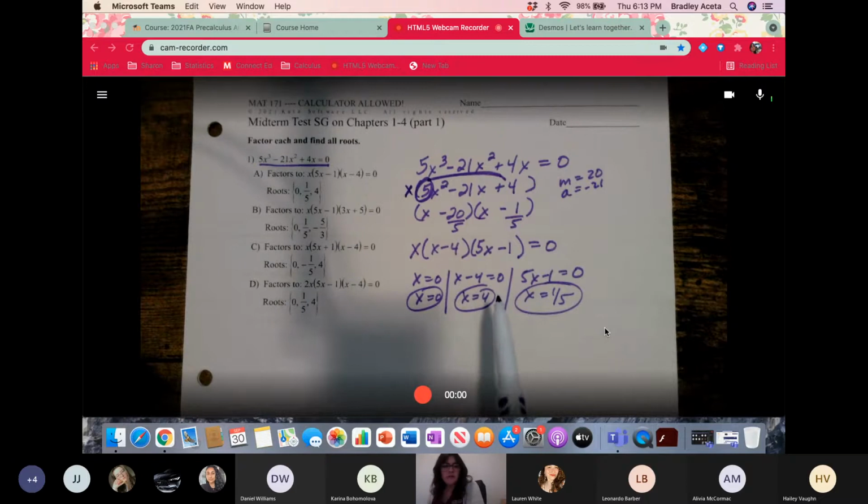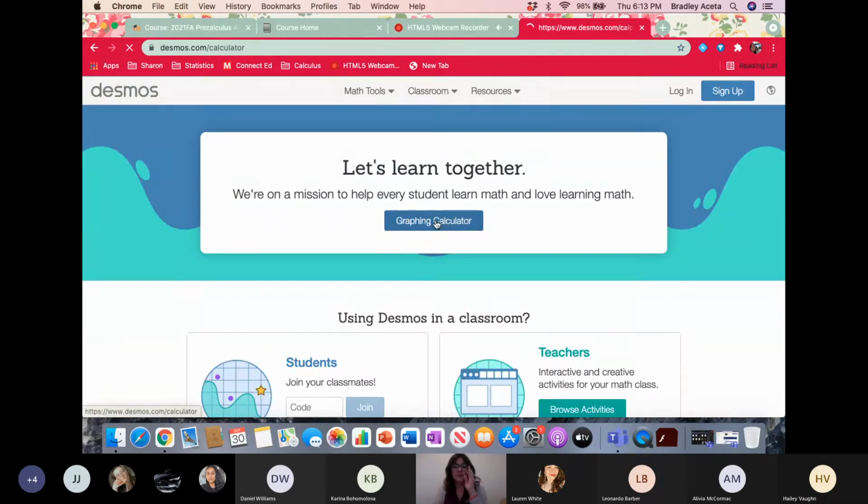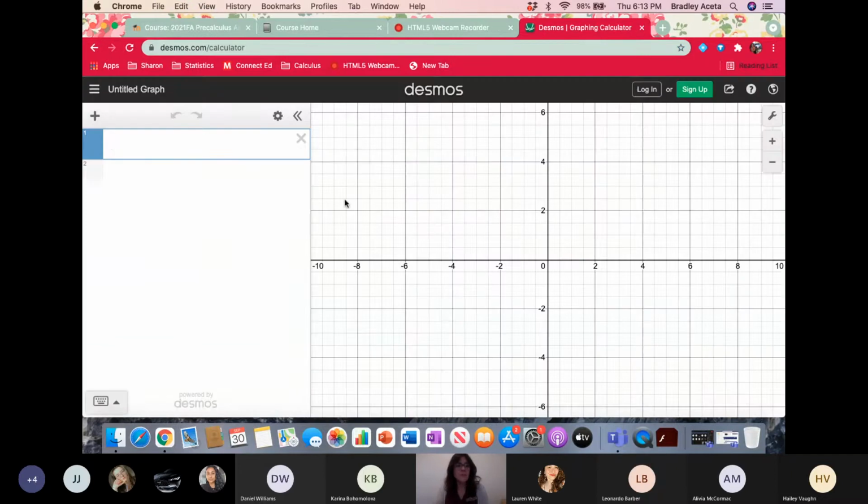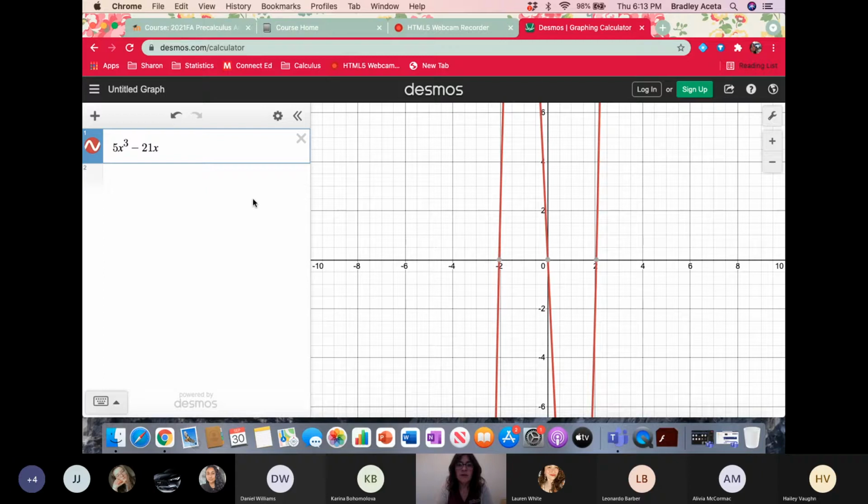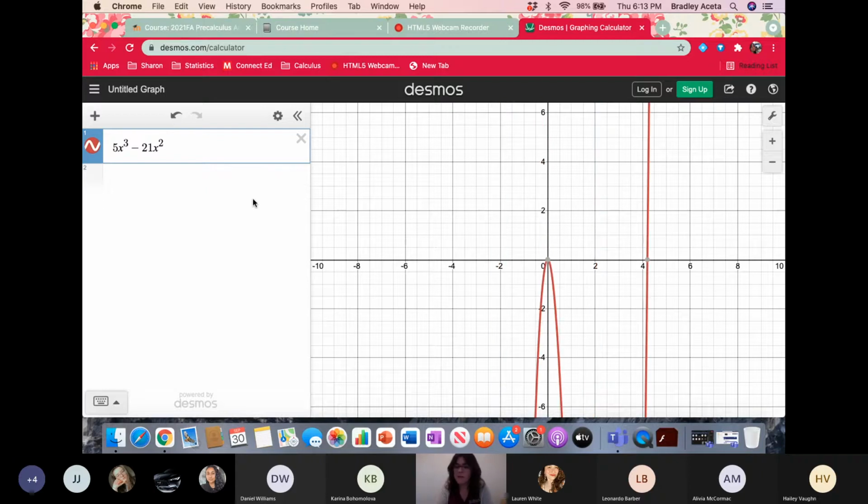How can you check this? You know how to check this, y'all. Zeros are x-intercepts. You could go onto Desmos right now, and I'm just going to show you. Go to graphing calculator, or in your graphing calculator, and type in the original 5x cubed minus 21x squared plus 4x.